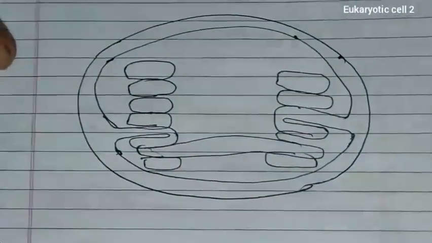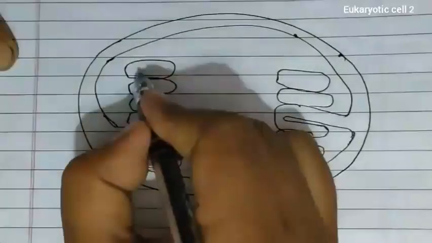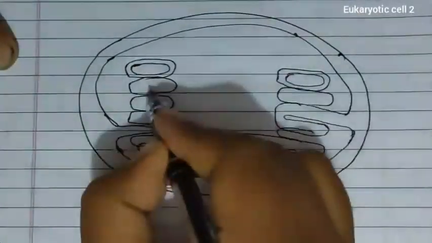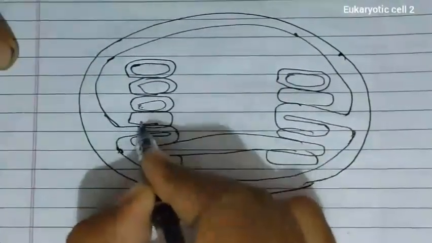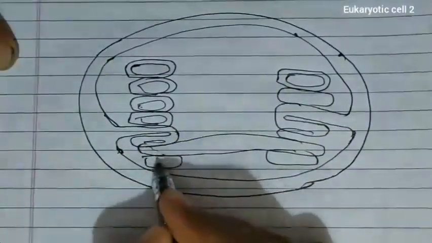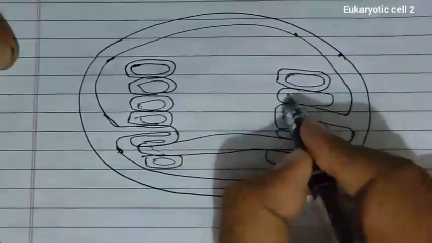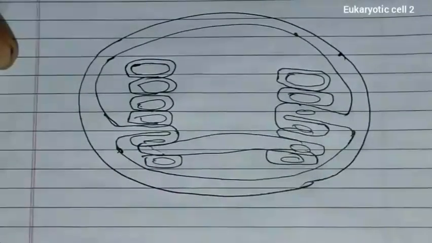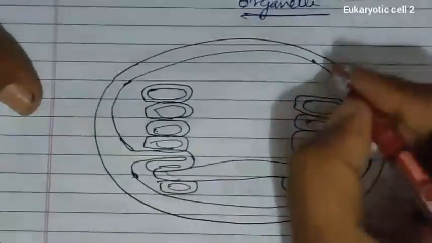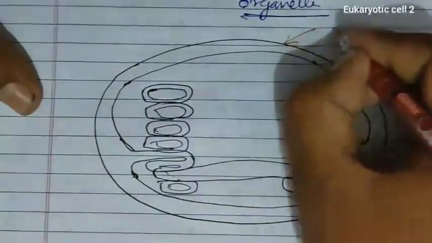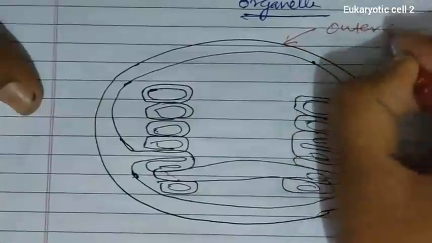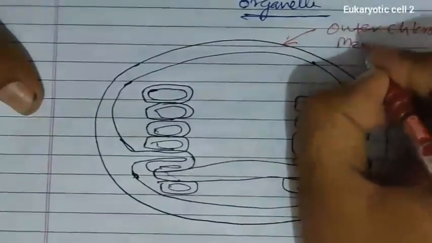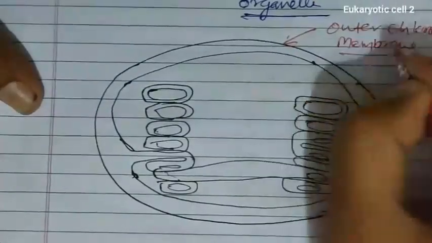So in this also, if we see, there is a space within them. And if we label this, then we find that this is the outer chloroplast membrane.